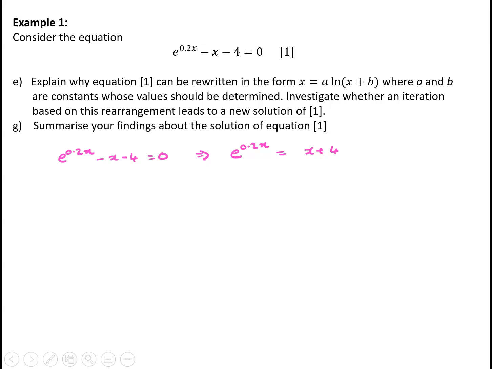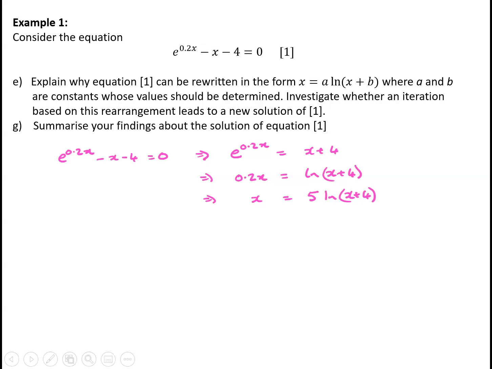Taking natural logarithms of each side gives me 0.2x equals the natural logarithm of x plus 4, and multiplying up by 5 gives me x equals 5 times the natural logarithm of x plus 4.